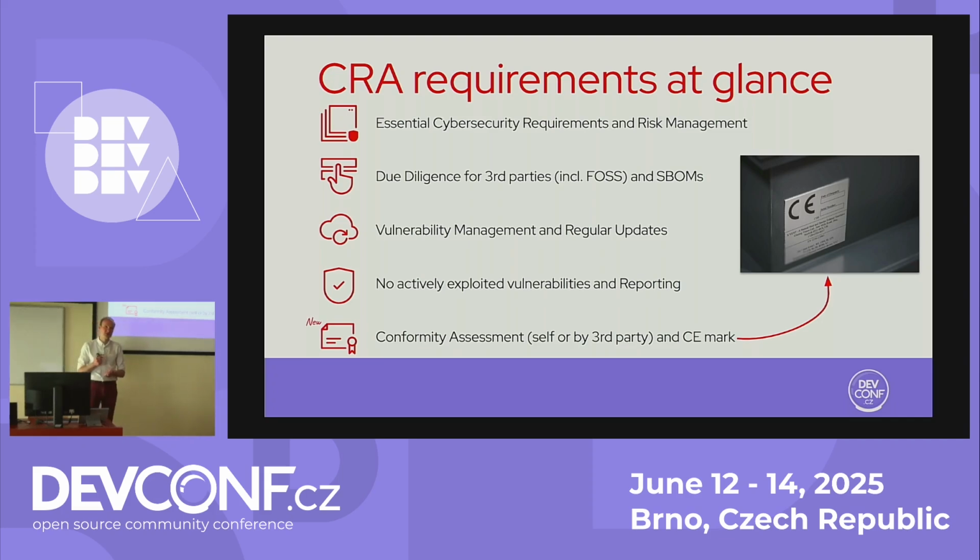Vulnerability management and regular updates for introducing patches, fixes and timely updates. There are also requirements for no actively exploited vulnerabilities being identified in the products, and also reporting requirements if any of the exploited vulnerabilities are indicated to authorities, to EU authorities specifically.